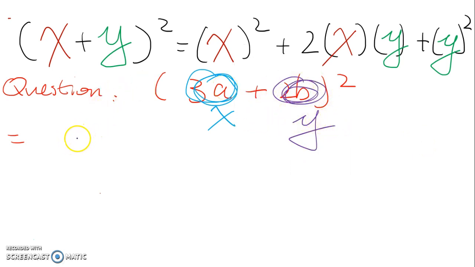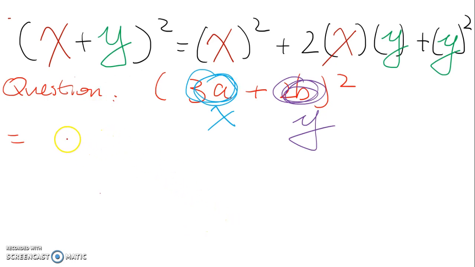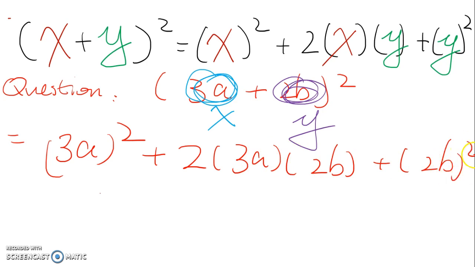Now, fill in the spots, so we would have (3a) squared plus 2 times 3a times 2b plus (2b) squared.